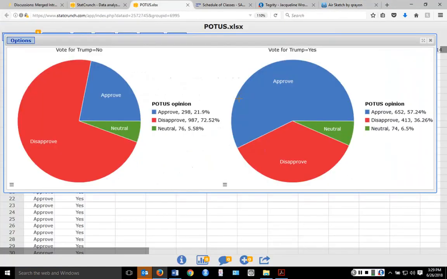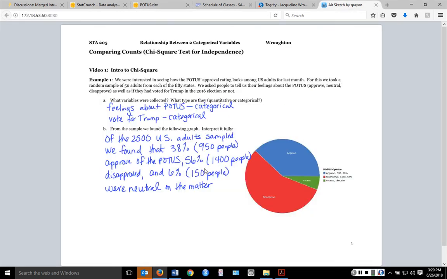So I can see from my graph that if I take my 987 plus my 413, I still get a total of 1,400 disapprovals. And then finally for neutral, I had 76 plus 74, or 150 total people that were neutral. So it is the exact same data, just broken up a slightly different way.